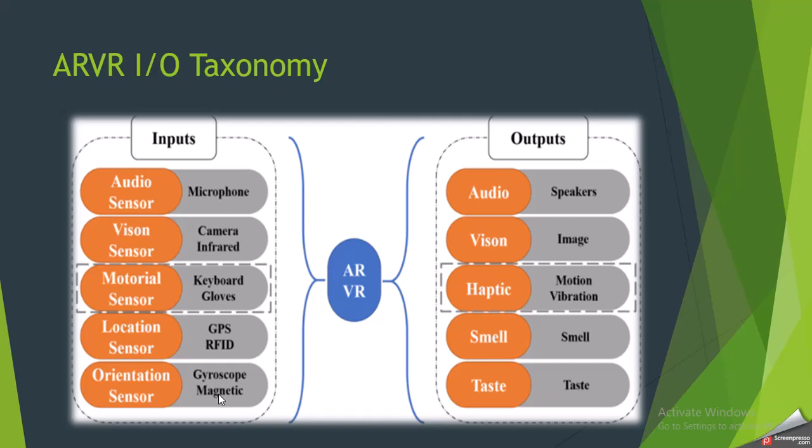This gyroscope magnetic, I'll tell you, is there in all our smartphones. In our smartphones, there is a chip called the IMU chip. This IMU chip functions with three main things: gyroscope, magnetometer, and accelerometer.